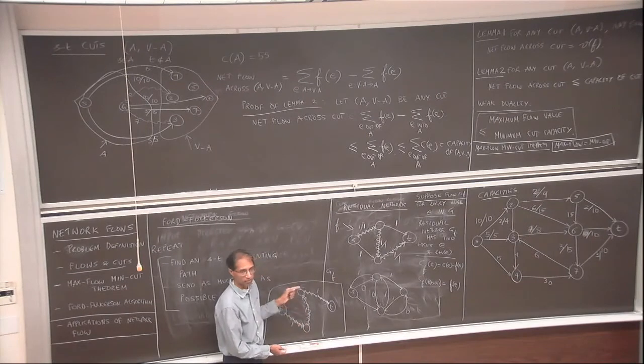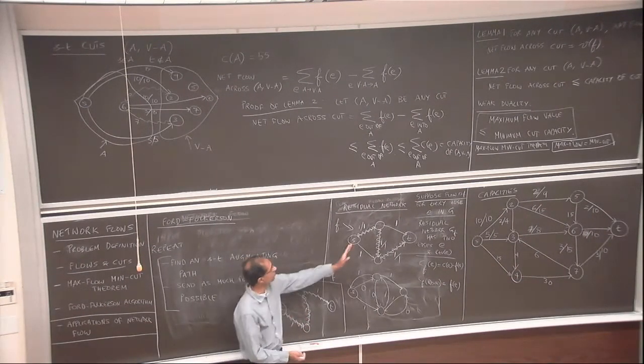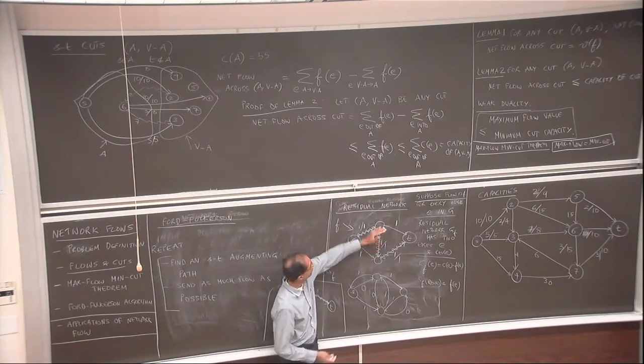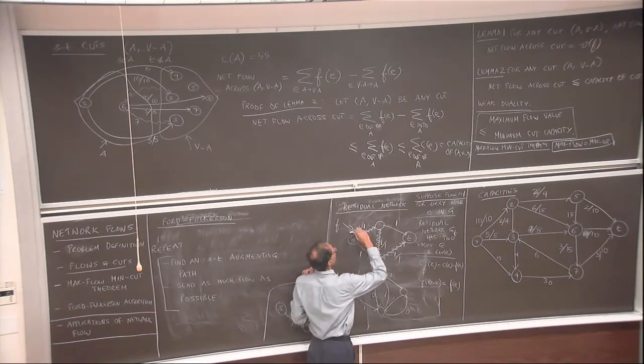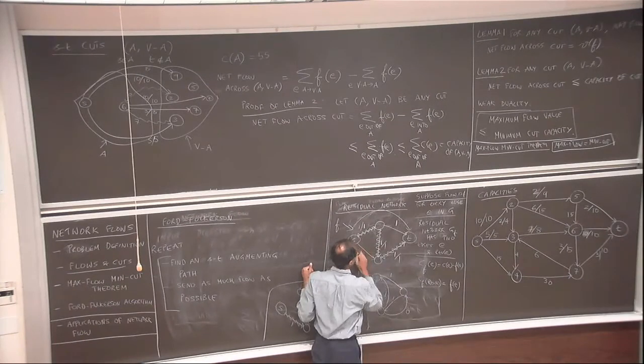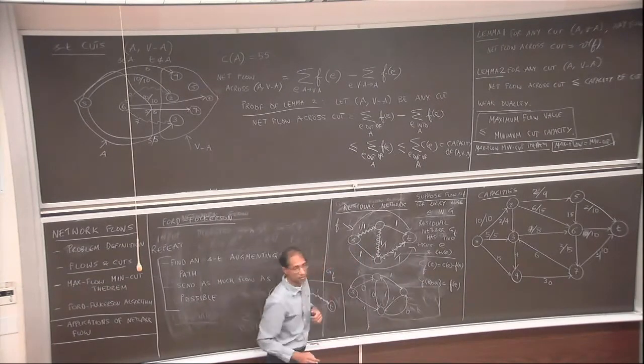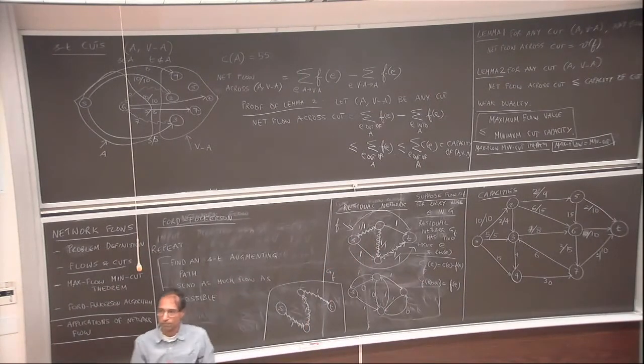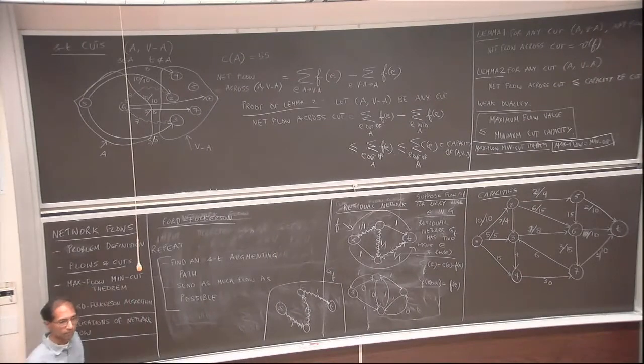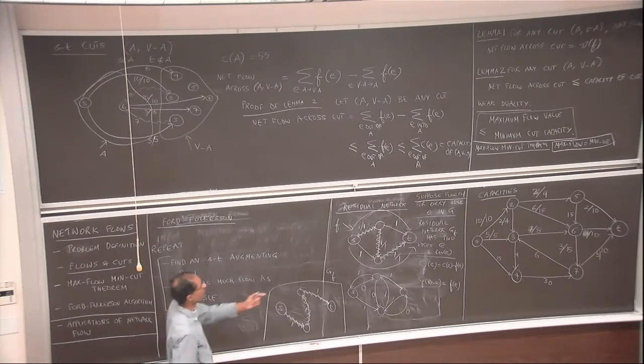There is no edge like this, but this flow and this flow cancel out, and we basically get the 2 paths that we knew existed in the first place. So when you take those 2 flows and put them on top of each other, you get your real flow.